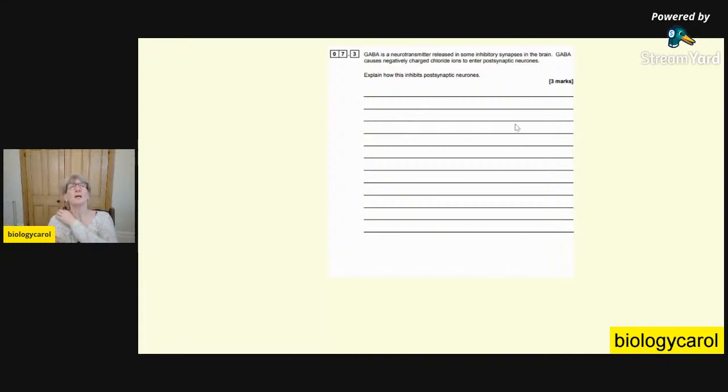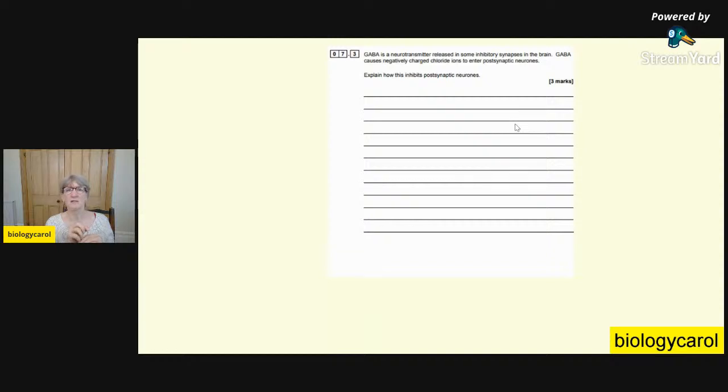So remember, in the postsynaptic neuron, just as along all the rest of the neuron, there is more positive charge on the outside than on the inside, making the inside, in comparison to the outside, approximately minus 70 millivolts, that resting potential. Notice that the minus 70 is the inside in comparison to the outside.